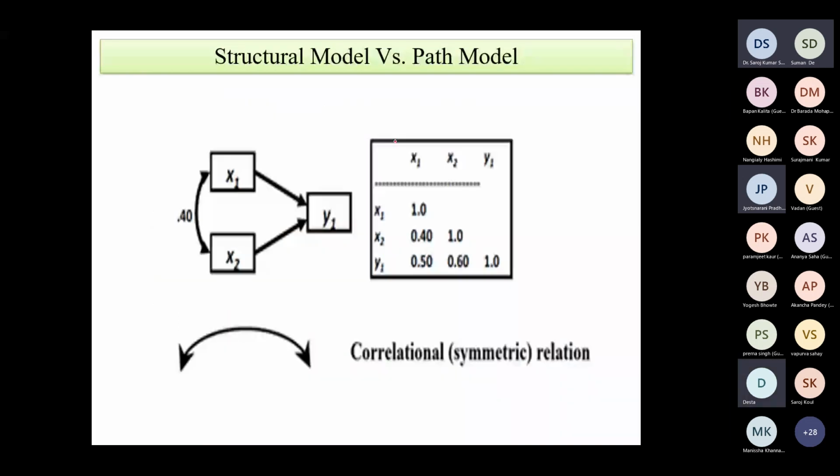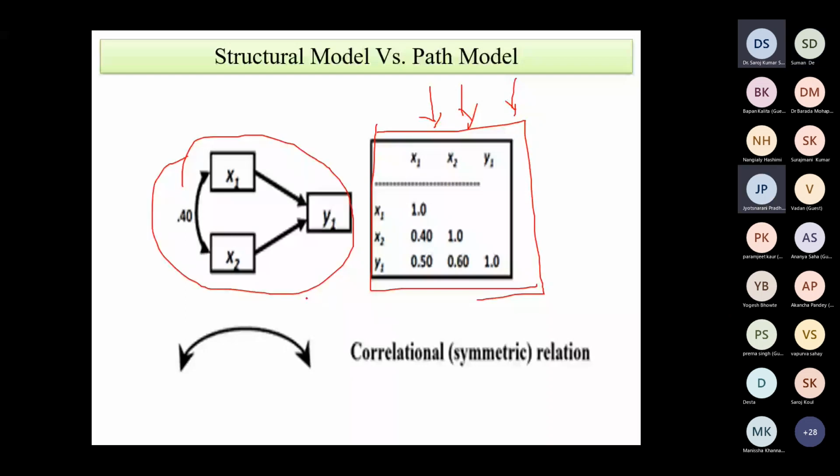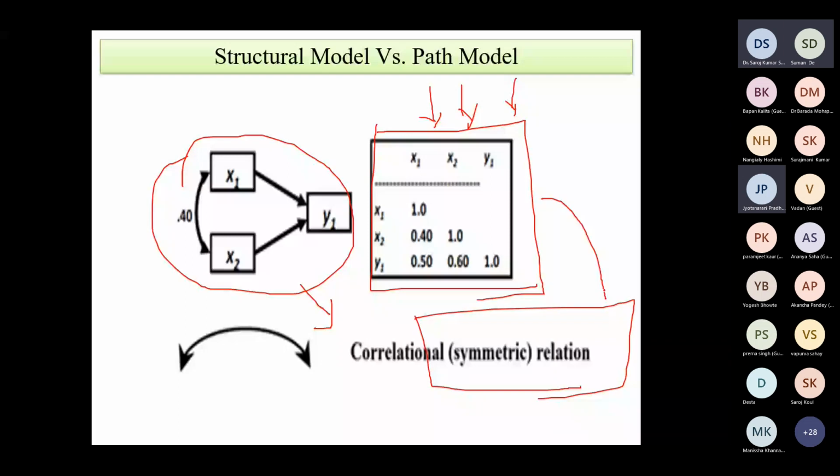And this is what I was saying from the very beginning. We are giving an input correlation matrix. After analyzing all these things, the analysis will give us an output correlation matrix, and the output correlation matrix should match the input correlation matrix.